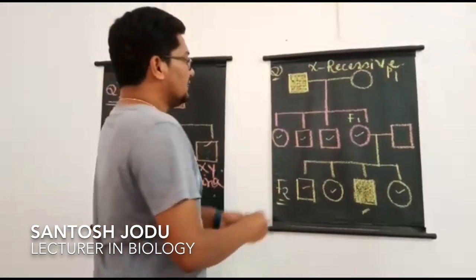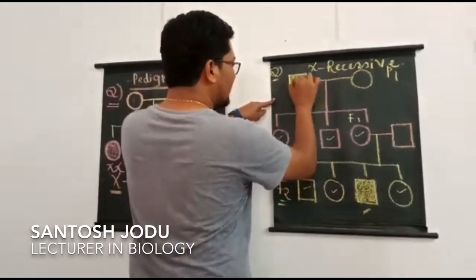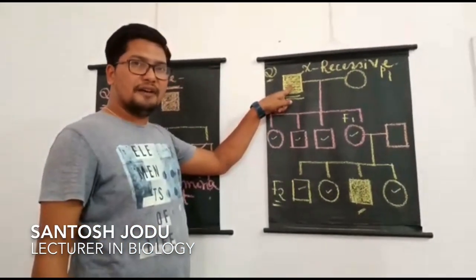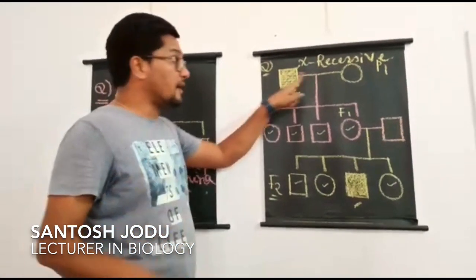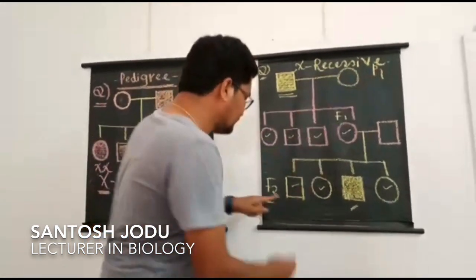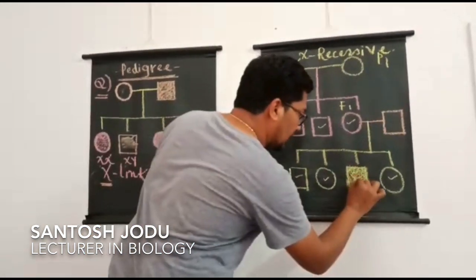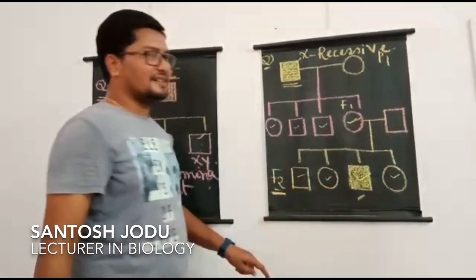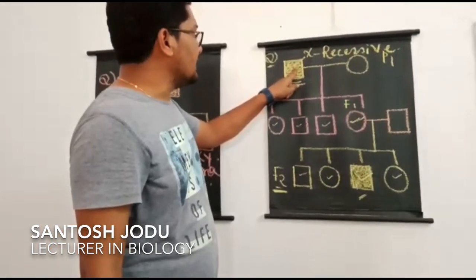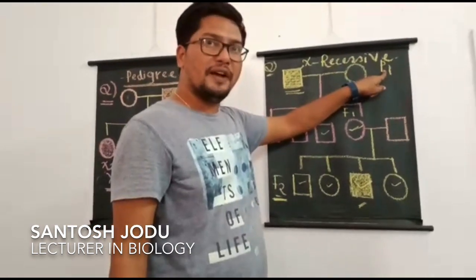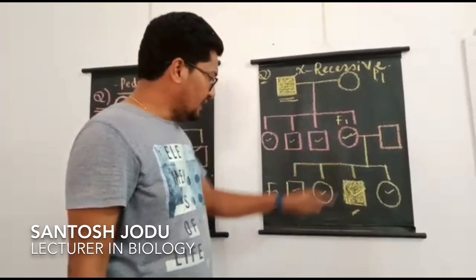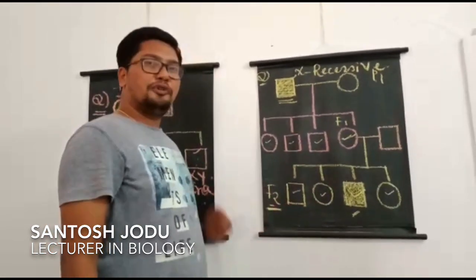You see, the trait passes from P1 male, means in the P1 generation the male was affected. So the trait passes from P1 male to whom? F2 male, through whom? F1 female. Means the trait or disease was present in the P1 generation. It disappeared from the F1 generation and reappeared in the F2 generation.